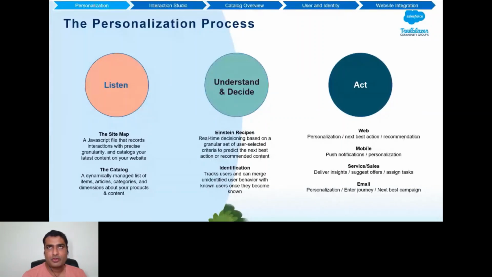And Interaction Studio does that using identity attributes, which I'll again explain in a little more detail later. Now, for that data, you may want to use machine learning capabilities of the Salesforce platform. So those capabilities are kicked in using Einstein recipes.